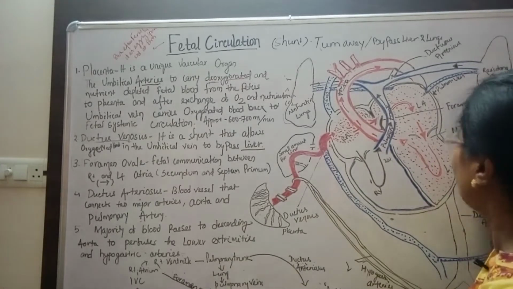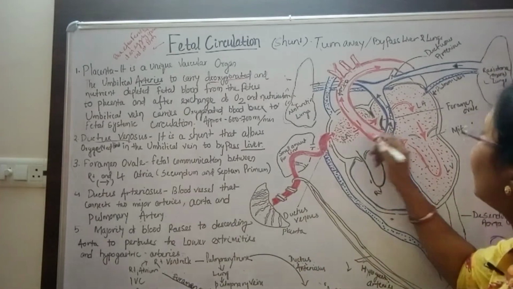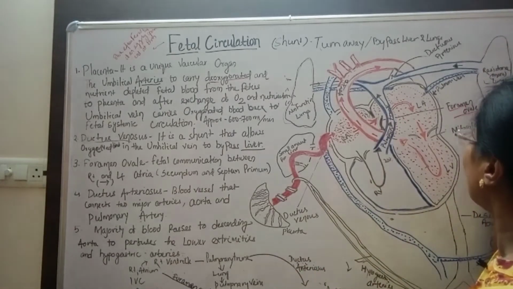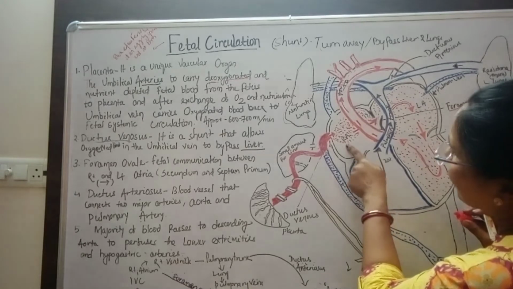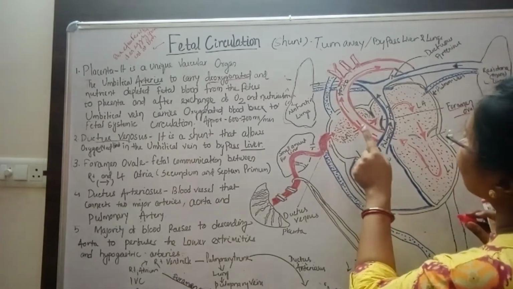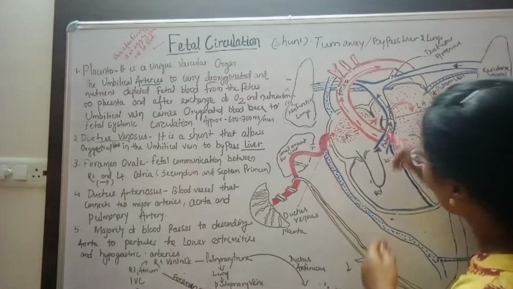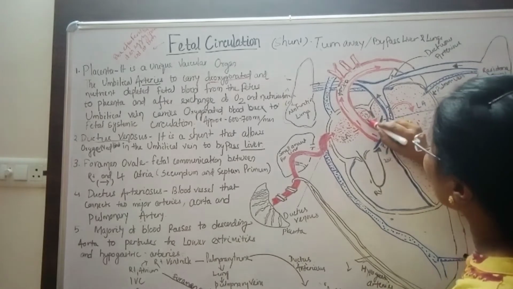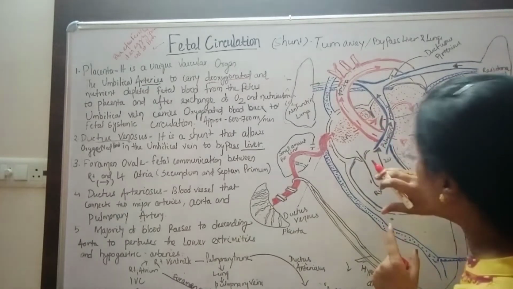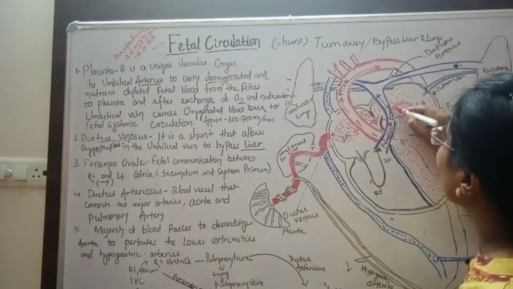This foramen ovale is an opening between the right atrium and the left atrium. The blood carried by the umbilical vein enters the right atrium, and the majority of it, about 75%, due to the pressure, moves through the foramen ovale towards the left atrium.